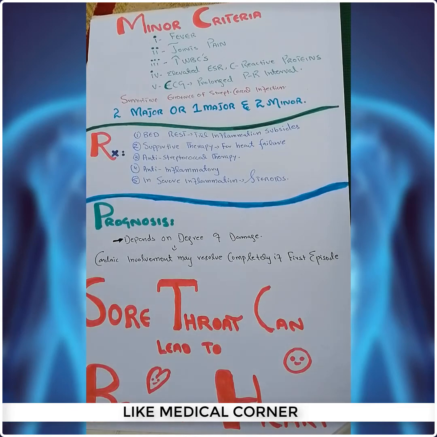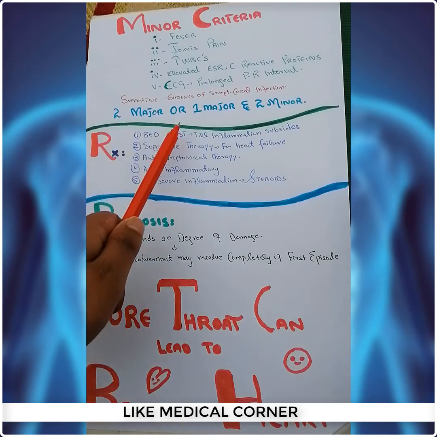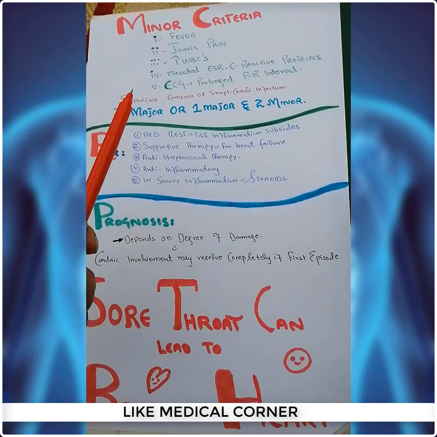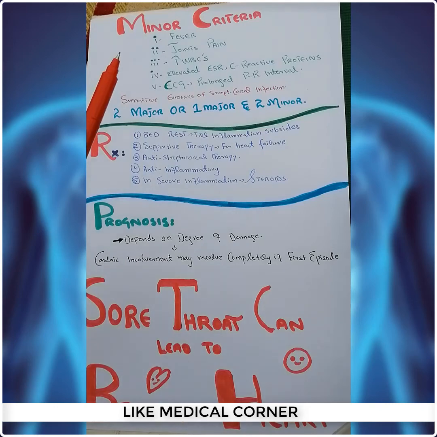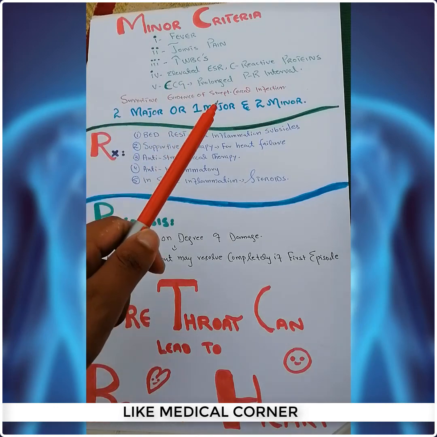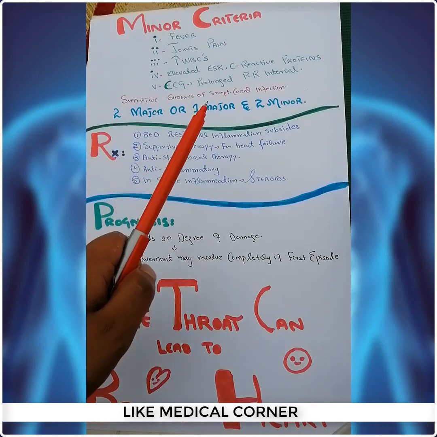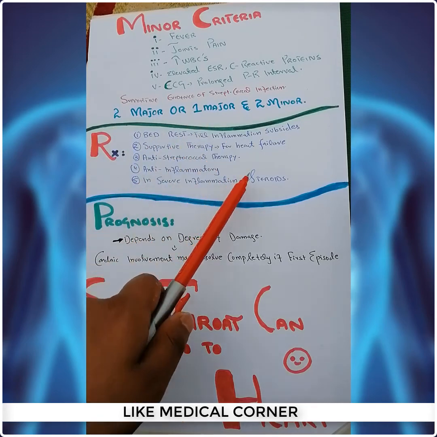The treatment of rheumatic fever or rheumatic heart disease, number one, is bed rest. Most of the cases of streptococcal infection can resolve on their own, and there is complete bed rest till the inflammation subsides. The second one is supportive therapy, for example, if there is fever or heart failure, we can support the patient. The third one is antibacterial or anti-streptococcal therapy.